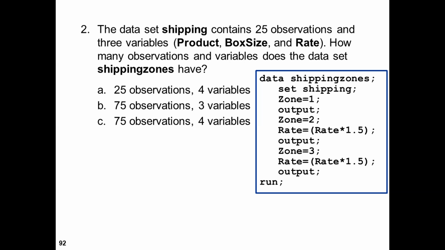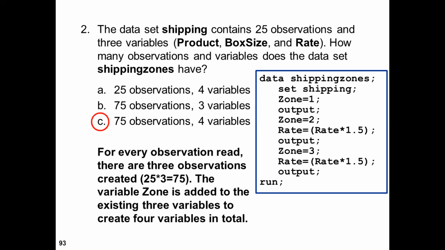But in zone 1 they didn't give anything, right? Zone 1 just says output. Yeah, so by default, whatever the columns are, those values are output. See, 75 observations, 4 variables. Yes, so look here. 4 variables is obviously true because these are input variables, whereas zone equal to is an assignment statement, hence a new variable is created.